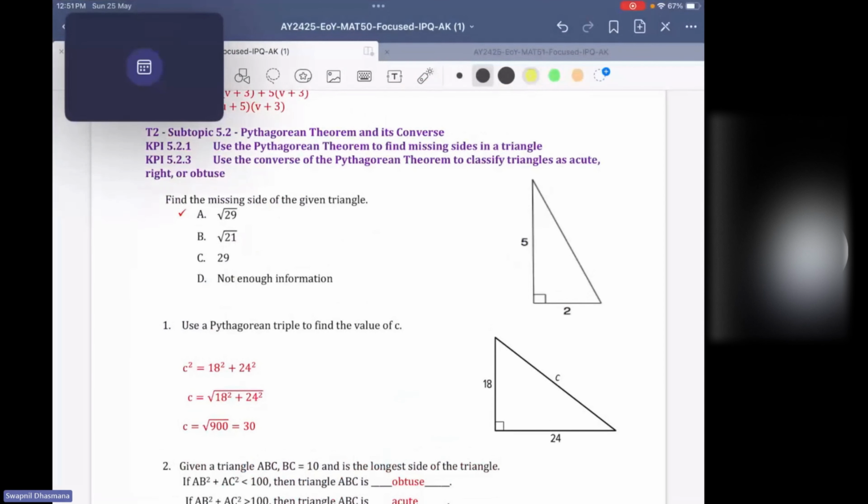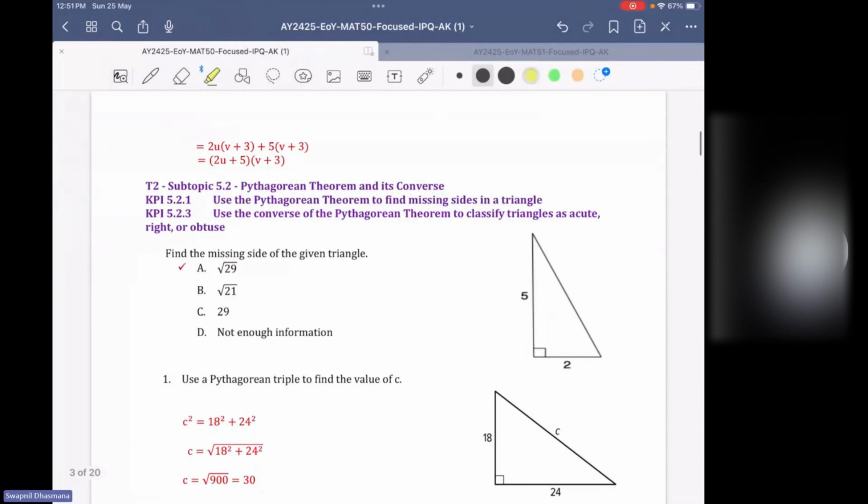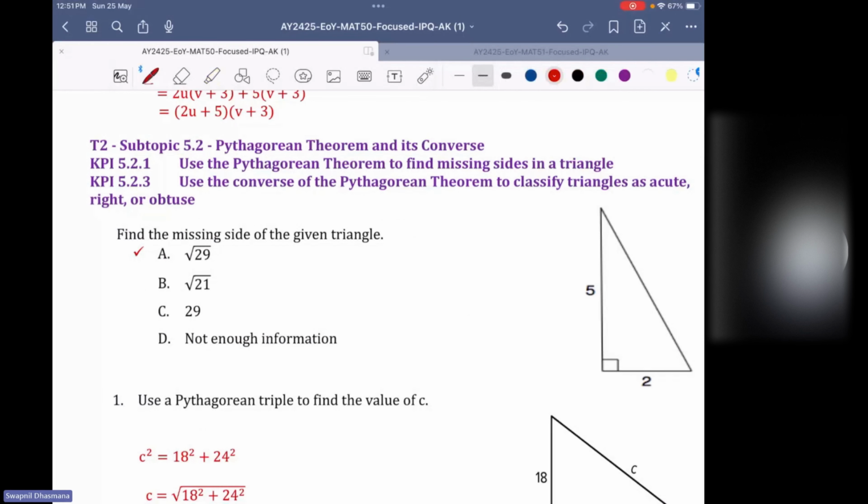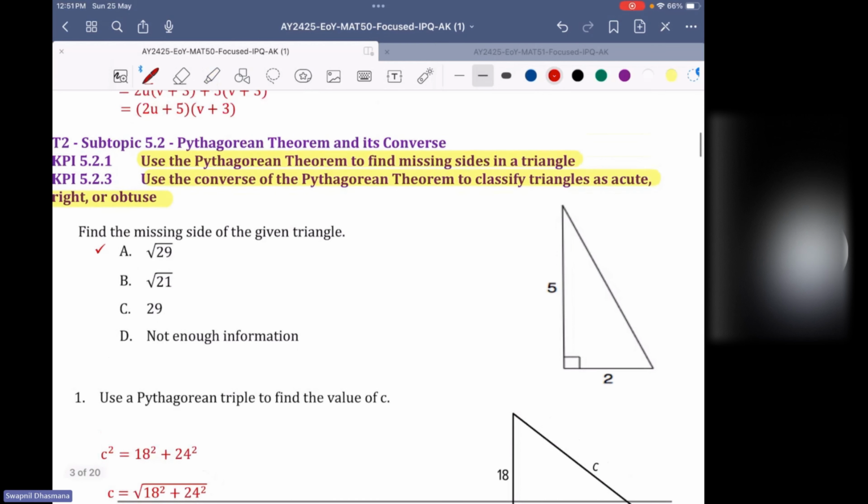Alright everyone, so we are moving ahead to the subtopic 5.2. The learning objectives are: use Pythagorean theorem to find the missing side, use converse to classify as acute, right, or obtuse. So what is Pythagoras theorem?